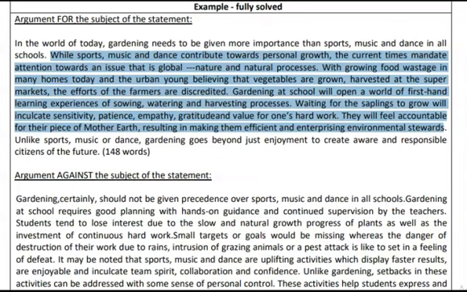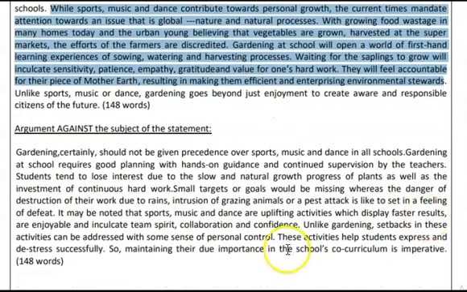Only then you can be assured. Otherwise, you will feel that you have written the best of your answer, but that answer may not be best according to the evaluator. So consult an expert. And the argument against the subject is, gardening certainly should not be given precedence over sports, music.